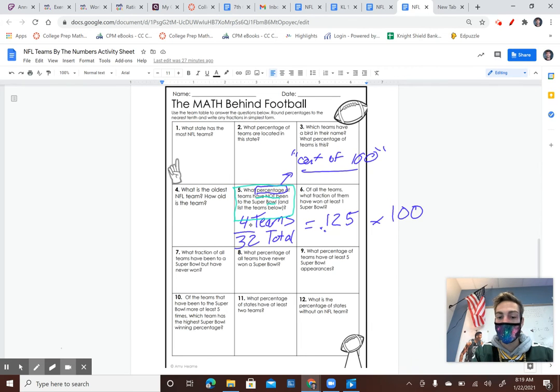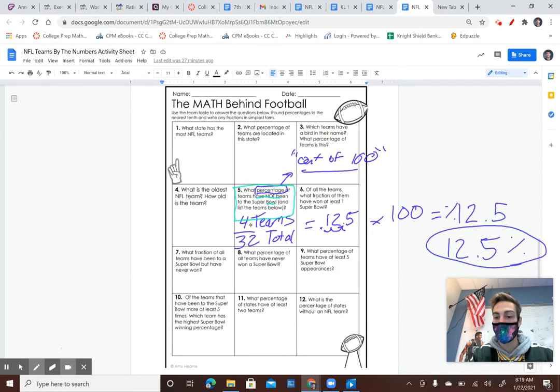We can take that decimal point and move it 2 places over to the right. So that now gives us 12.5. And remember, this is a percentage here. Remember, we write percentages with that percent sign afterwards, all right? So 12.5%. Did I answer the question? Yes.